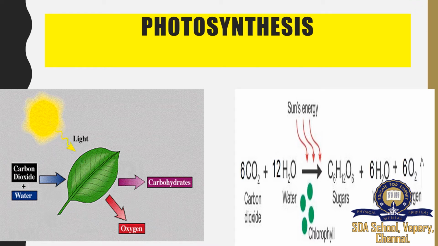It forms C6H12O6 sugars and then 6 molecules of water and 6 molecules of oxygen come out from this reaction. So here the solar energy is needed as well as the chlorophyll present in the leaves, and it is endothermic because it is absorbing heat from the sun.